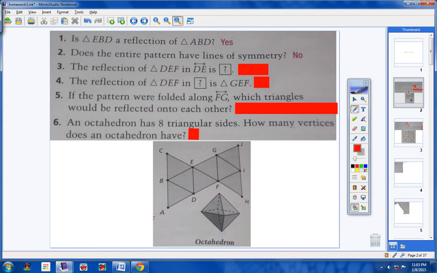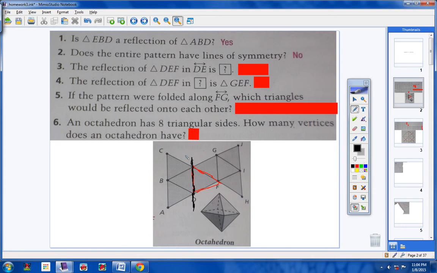Okay, number 3, the reflection of triangle DEF right here, and here's line DE right here. The reflection of triangle DEF in this line right here is blank.